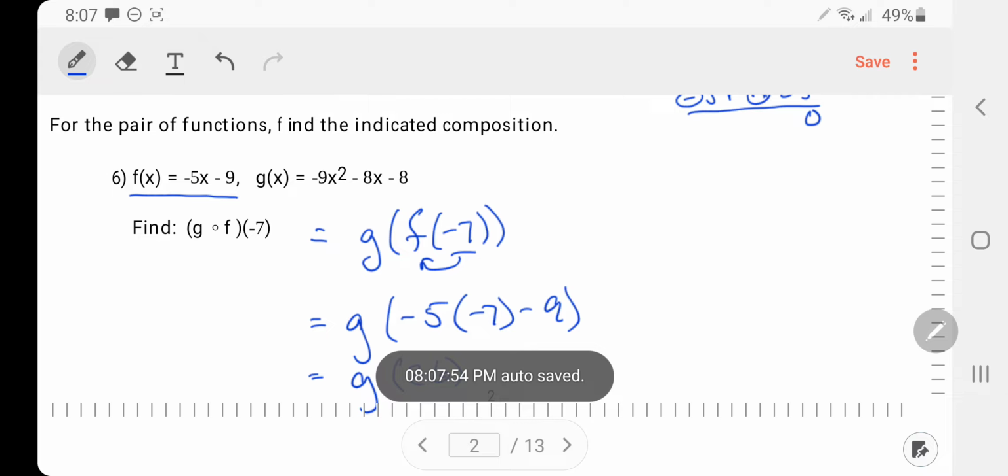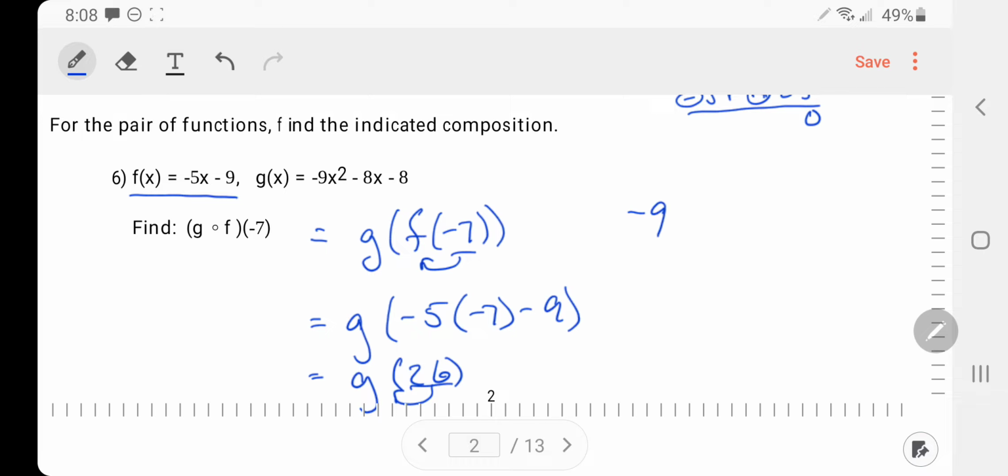And then we need to plug 26 into g. And so that's going to give me -9 times 26 squared minus 8 times 26 minus 8, and then plug all of that into the calculator. Here we go.